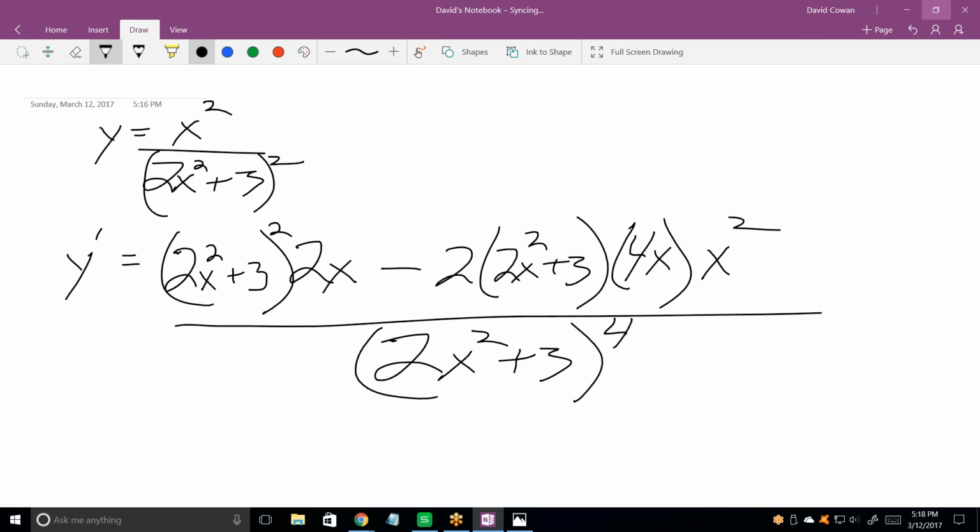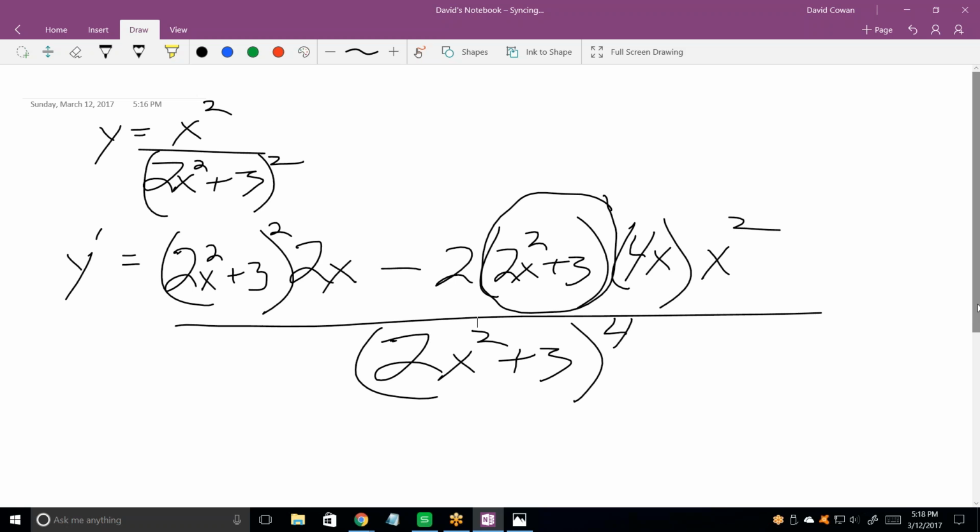In other words, I can factor that binomial out of the numerator. Do you see the advantage of that? Then I'm going to be able to cancel however many I was able to factor out of the numerator with one of these in the denominator. Basically what I'm going to do is divide top and bottom by one 2x squared plus 3. That one right there.